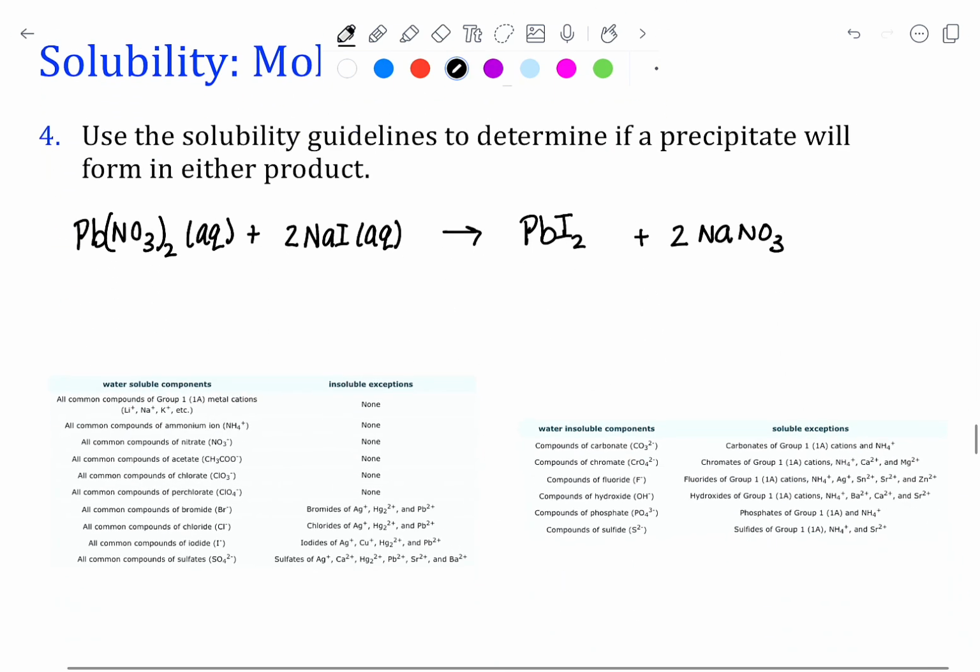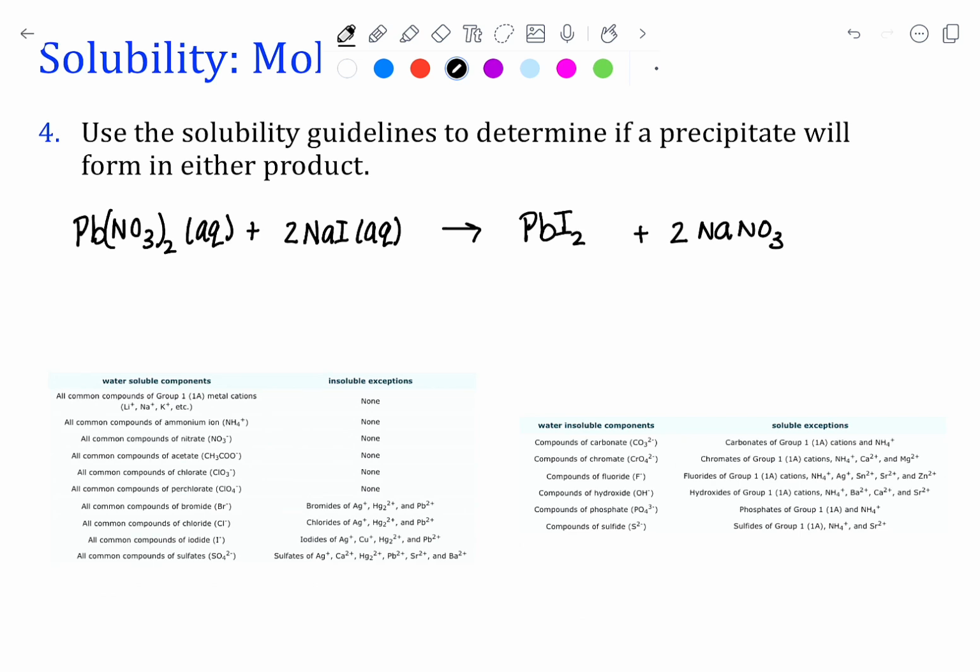Okay, so what we're going to do is take both of those products and determine if they are water soluble or water insoluble. So we have lead iodide. Iodide is typically soluble in water unless it's with silver, copper, mercury, or lead.